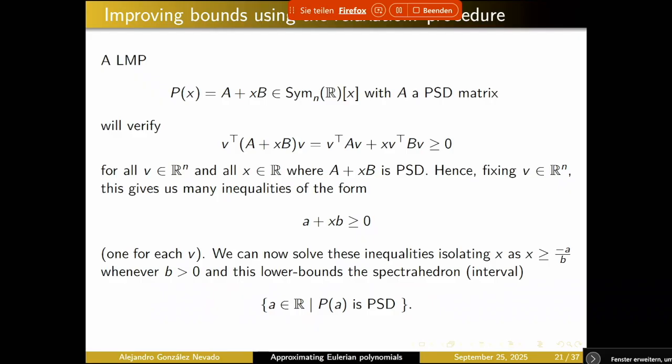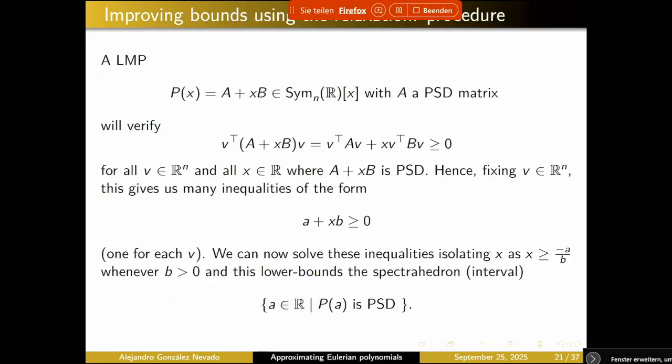Well, when you have a linear matrix polynomial, and you know that the first matrix is PSD, and that it's a relaxation of your original polynomial, you know that for every vector that you take, you are going to have this inequality. Now in this inequality, you can rearrange terms, and from it you obtain a lower bound for this root.